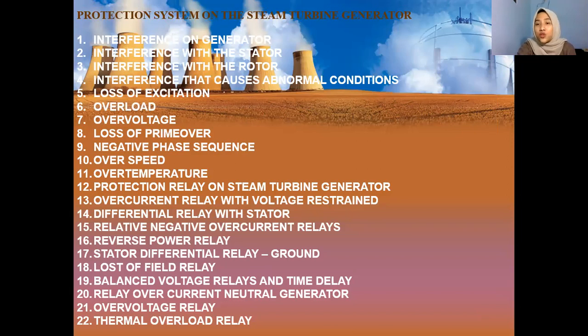Protection relays for the steam turbine generator: overcurrent relay with voltage restraint, differential relay with stator, negative sequence overcurrent relays, reverse power relay, stator differential relay, ground, loss of phase relay, voltage relays with time delay, overcurrent neutral generator relay, overvoltage relay, and last, thermal overload relay.